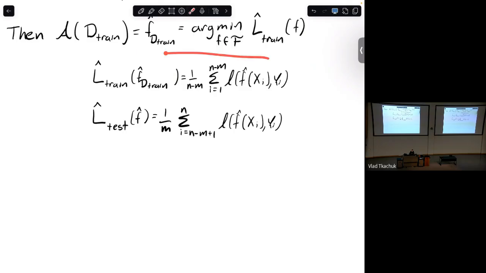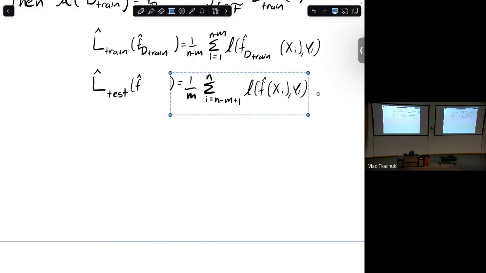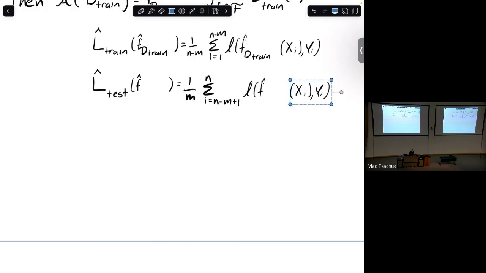And here, since the training data set is exactly the data points from indices 1 till n minus m, you can see how this depends on the data points it's taking its sample mean with respect to. While down here, you're using the same f hat, the one that was trained using the training data set, but you're evaluating it on the test data set.